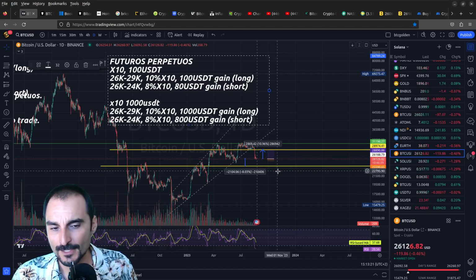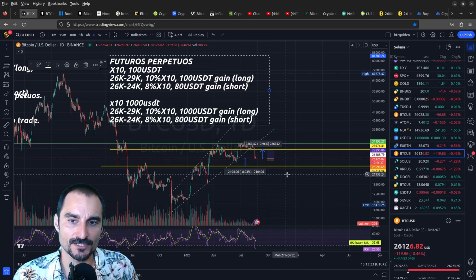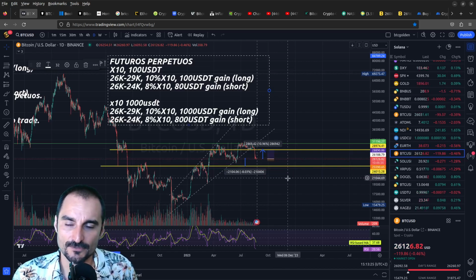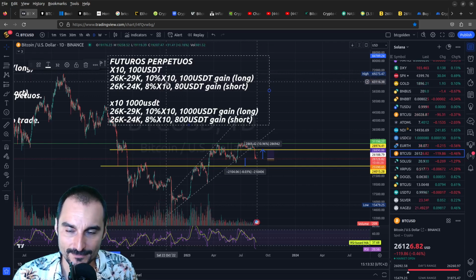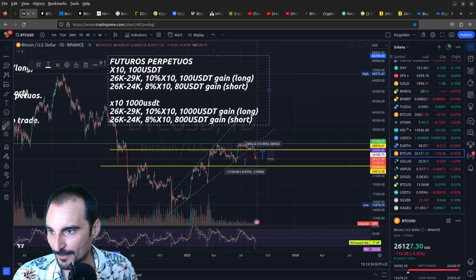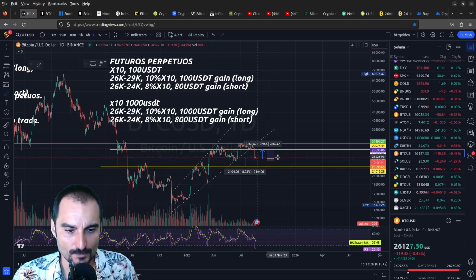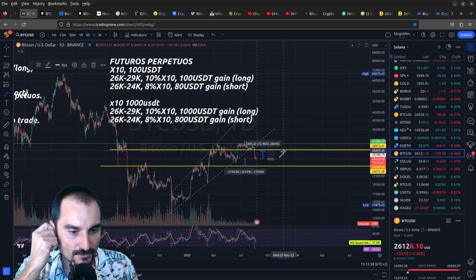In the case of perpetual futures, the situation is different. It is different because basically the percentage is multiplied by 10 both upwards and downwards. That is, if the Bitcoin price went up by 10%, we would earn 100%.